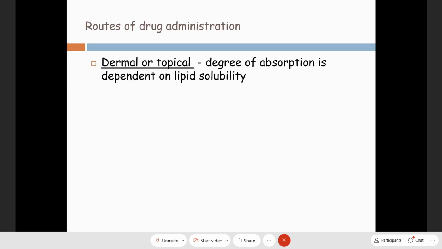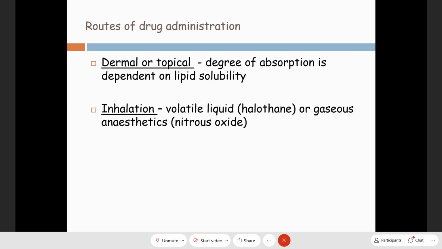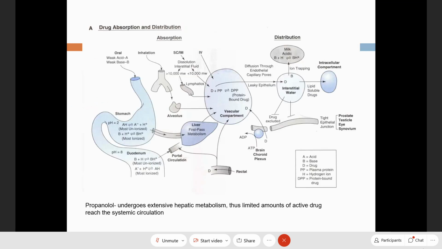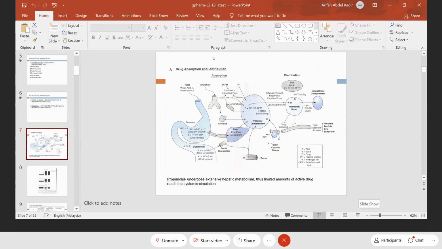We also have drugs given topically, on the skin, where the degree of absorption is dependent on lipid solubility. Volatile liquids like halothane or gaseous anesthetics, for example nitrous oxide, are given through inhalation. Okay, I'll stop here.